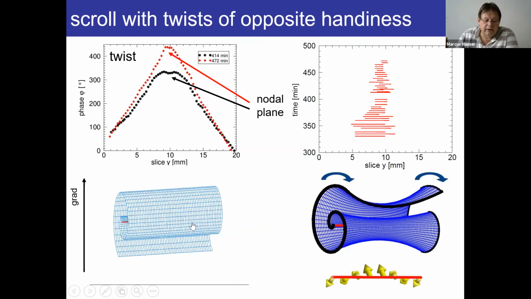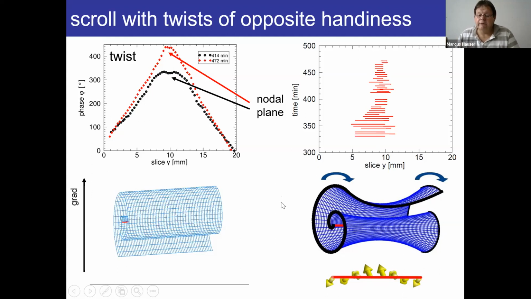This starts rotating at different sides, and what we get at the very end is no phase shift in the center, or at least very low, but phase shift at both sides. And if you see that with time, the length of this nodal plane gets shorter and shorter, but persists and will remain like that. This is something which you can get.